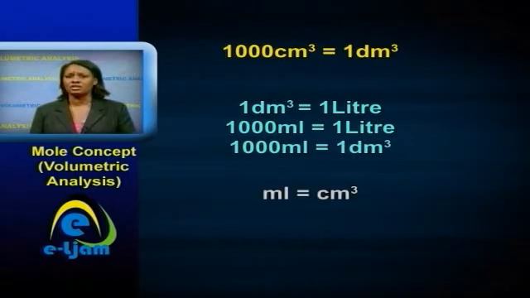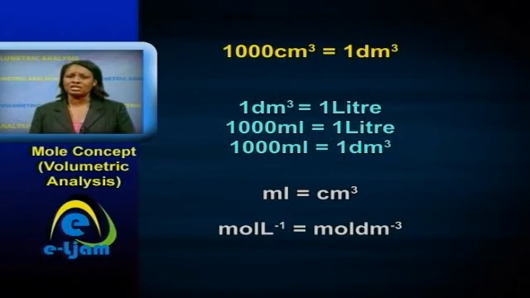Hence, a milliliter and a centimeter cube represent the same volume and are therefore equal. In order to convert 1 dm cubed to cm cubed, one must multiply by 1,000. Finally, moles per liter is equal to moles per dm cubed.